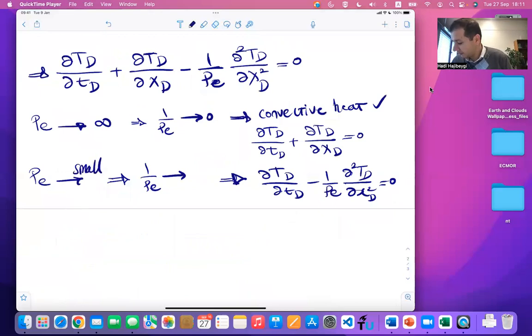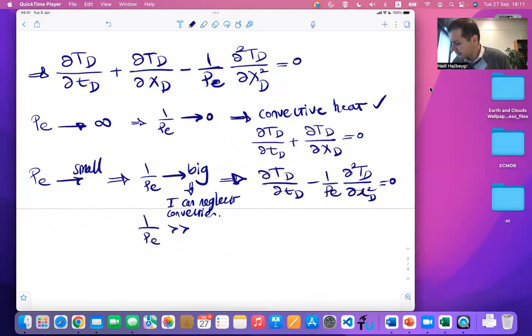Then 1 over Peclet will be very big, such that I can neglect, let's say, convection. Which means 1 over Peclet in this case will be much bigger than a factor 1, because that's the factor of conduction, and this is the factor 1, which is the factor of convection.